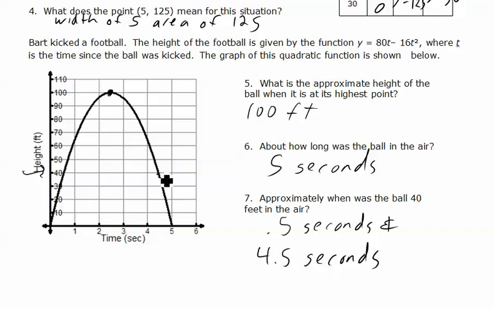And again, these 2 points would be called what? Symmetric pairs. Because they have the same y value. And if you'll notice, they're the same distance from this line of symmetry. All right, that's it.